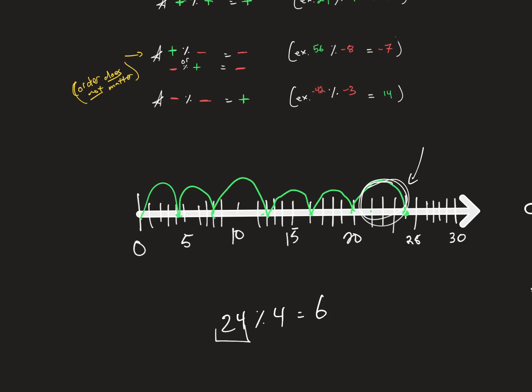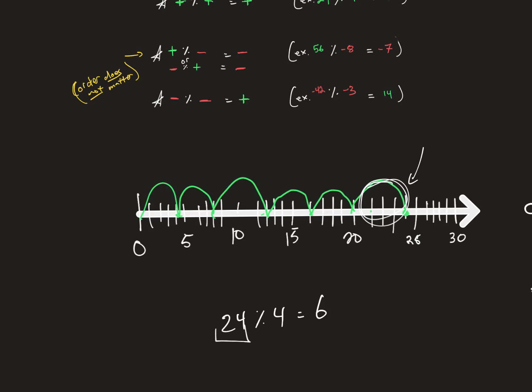Oh, I drew it the other way. Dividing by 6 groups of 4, so we'll have 4. So even though each of these little spots are worth 4, we have 6 groups. We're dividing by 6.